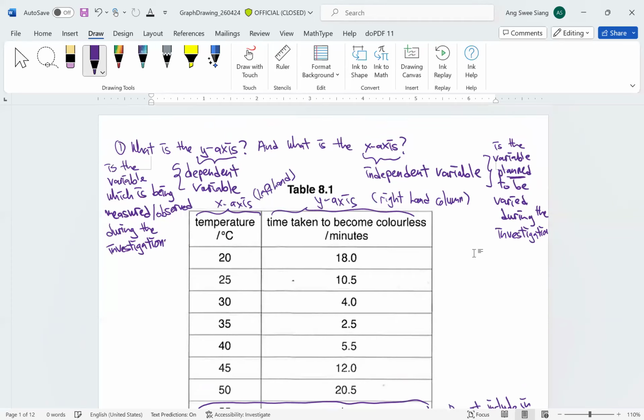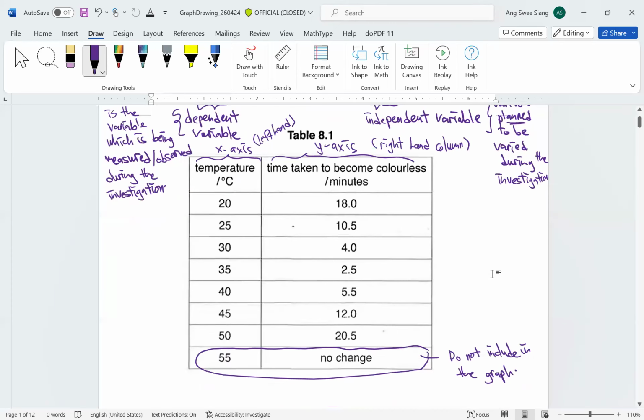But you must understand, sometimes we don't give it to you in this format. Sometimes we can give you another format, top and bottom. The question can give you in this manner.